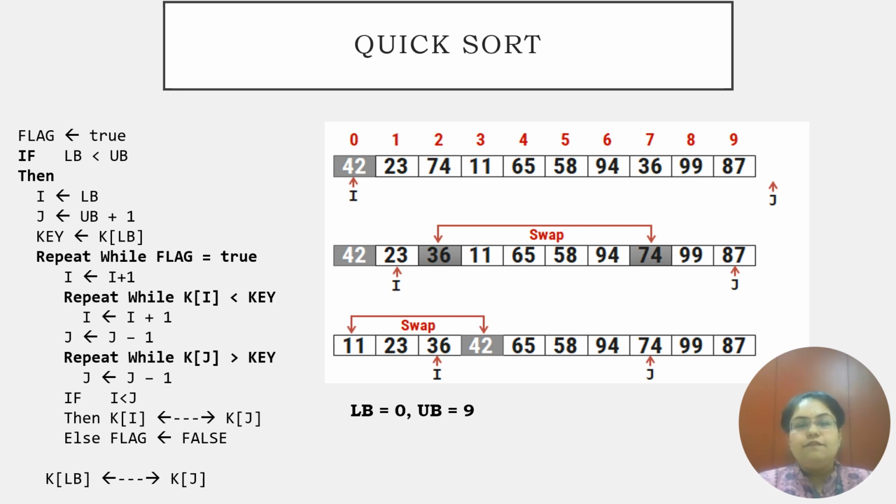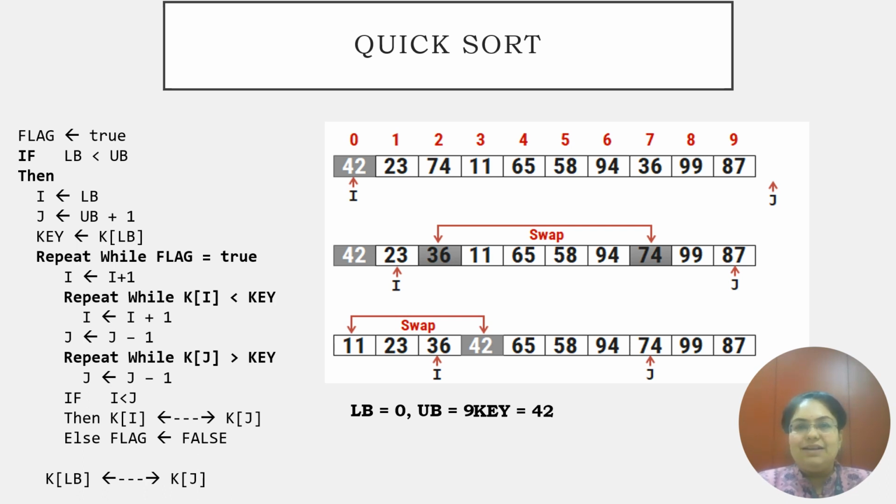Now, if I is less than j, then we swap the values of k of I and k of j. Otherwise, we set the flag to false. At the end, we swap the value at lower bound and the value at j, so we swap k of LB and k of j.